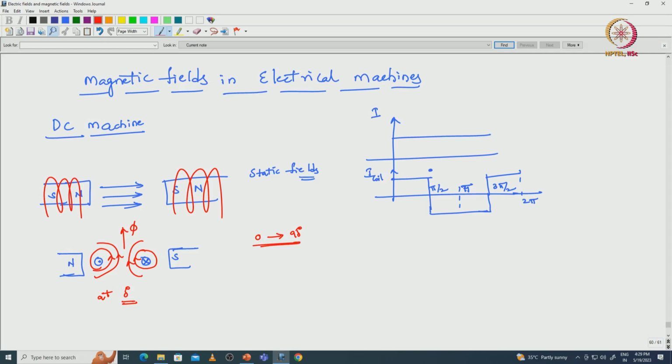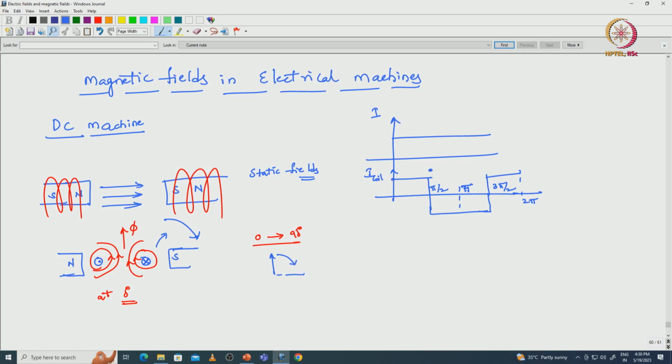The rotor side conductor is also moving, right. That means the flux also moves along with the conductors. Even though these conductors are sitting on the rotor which is rotating, that means flux also moves with respect to the same, right. So the rotor is rotating in this manner. That means the conductor as well as the resultant flux also moves from this point to this point, okay.